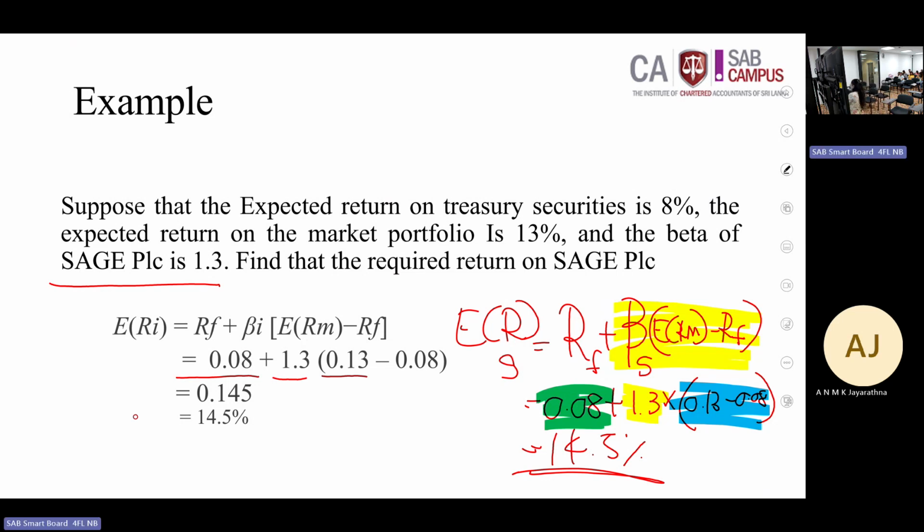Otherwise, don't take 0.08 plus 13 and then multiply it with the difference. So this is how we go in depth regarding the A to Z, starting from return and risk, as well as the capital asset pricing model, as per your syllabus. Any questions, any doubts? Is that clear? Last part, is that clear?